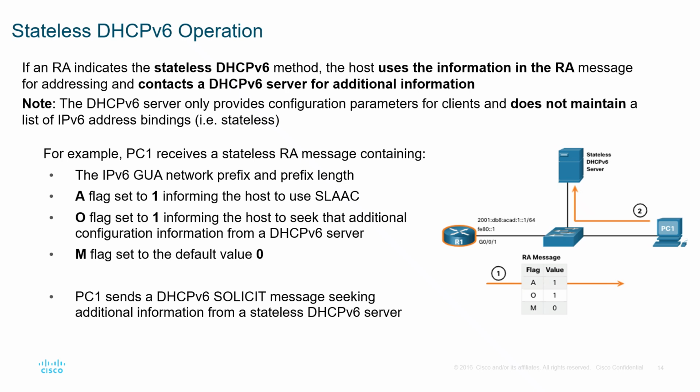As an example, PC1 receives a stateless RA message containing the IPv6 GUA network prefix and prefix length. The A flag is set to 1, informing the host to use SLAAC. The O flag is set to 1, informing the host to seek all other information from the server. The M flag would be set to 0. PC1 sends out a solicit message seeking additional information from a server.